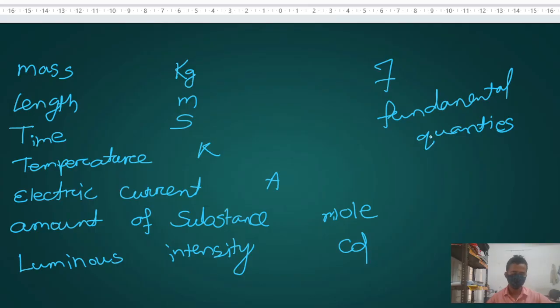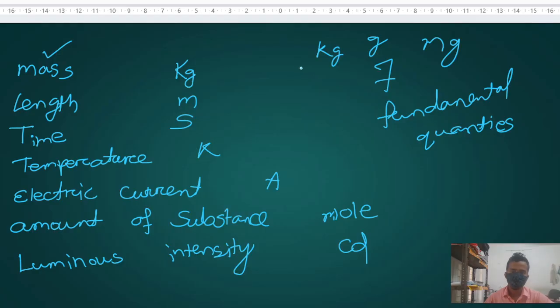We have to measure all these quantities, so we are using units. We use different types of units for expressing any one fundamental quantity. For example, take mass. For expressing the amount of mass we use kg, gram, milligram.